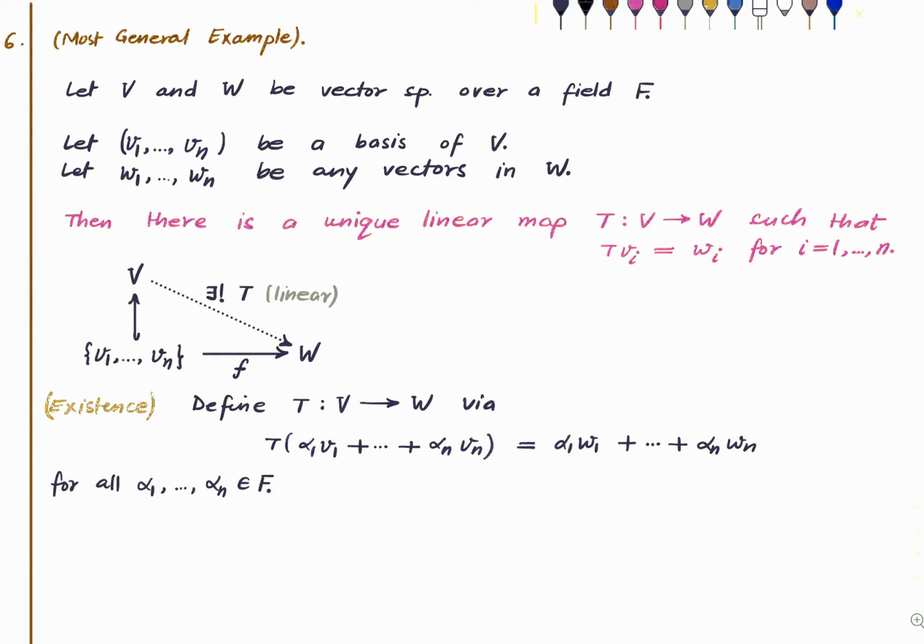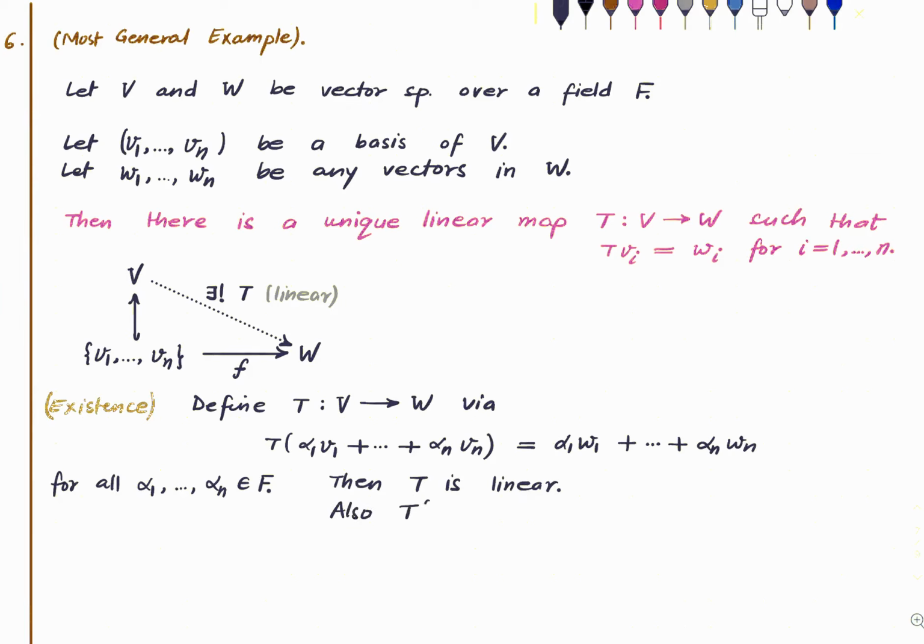Okay, so this is a well-defined map, and now you just check that this is linear. That is a very easy thing. Check that T is linear. And clearly, what is T of v_1?